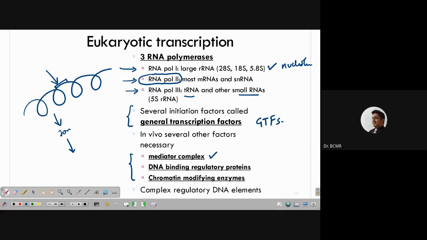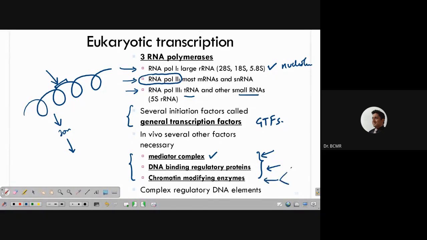So we need several things. If you want, you can quickly have a look at that chapter and come back. But we need the mediator complex. There are several DNA binding regulatory proteins, and there are also chromatin modifying enzymes.